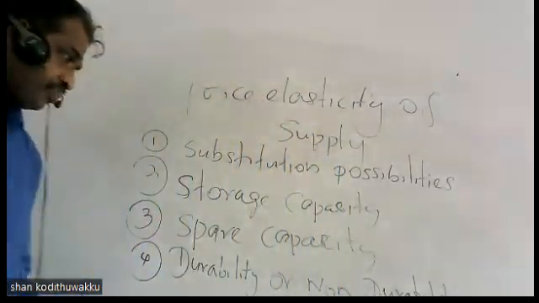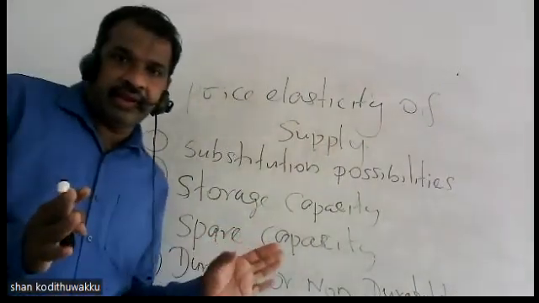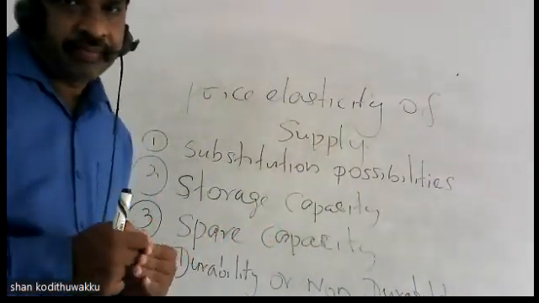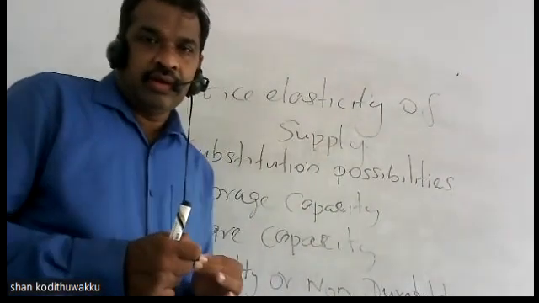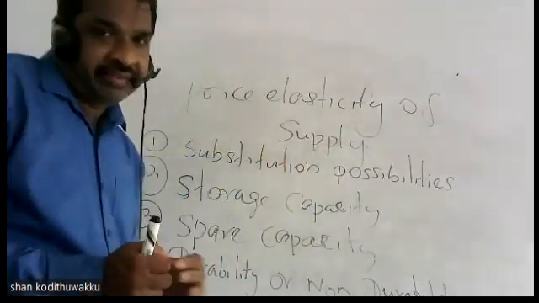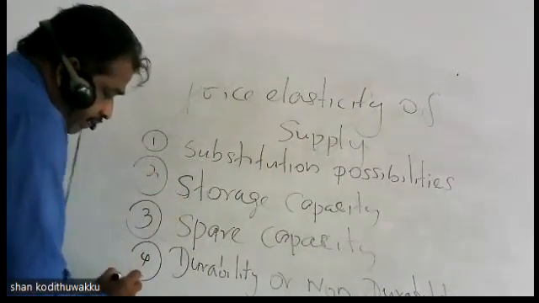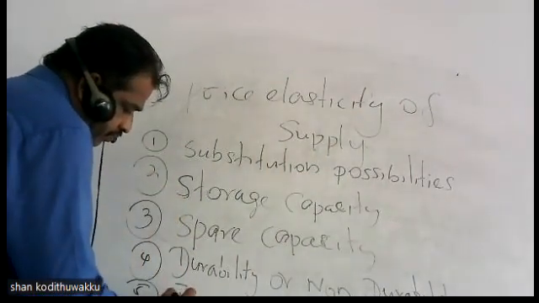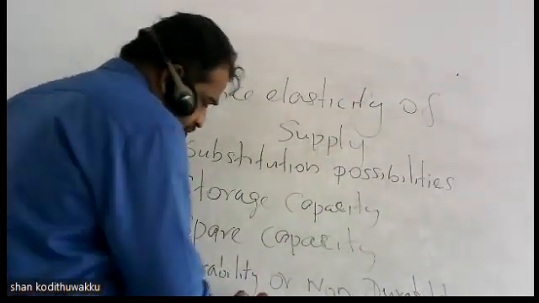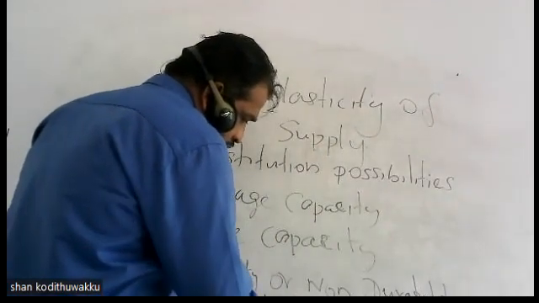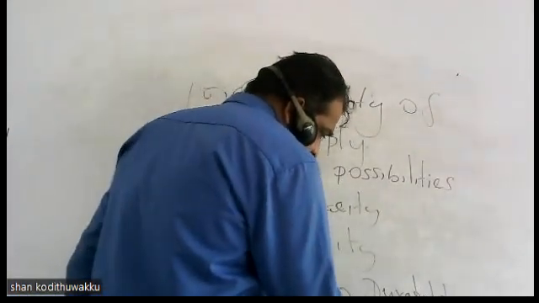Anyway, at the examination, depending on the marks given for the question, you have to take the time and answer. We can take another factor, time. That means short run or long run.